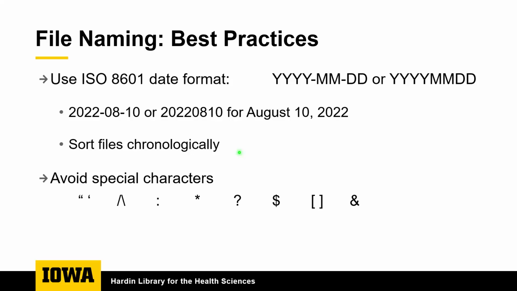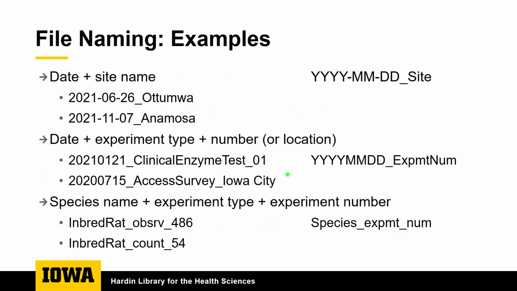In addition to using ISO 8601 format, other items to keep in mind are avoid special characters like quotation marks, carets, colons, asterisks, etc. This slide and the next slide have examples of well-done file names.